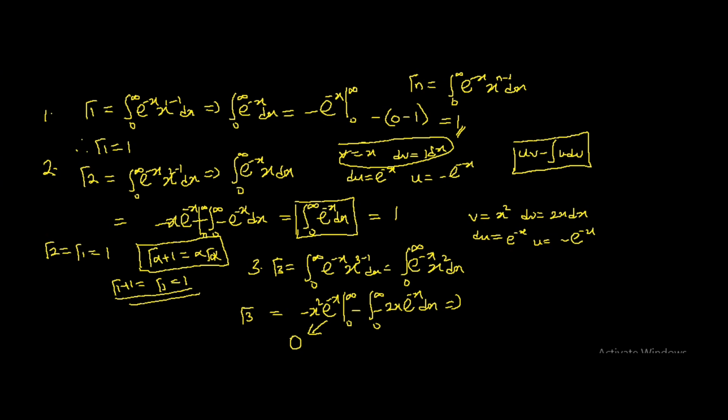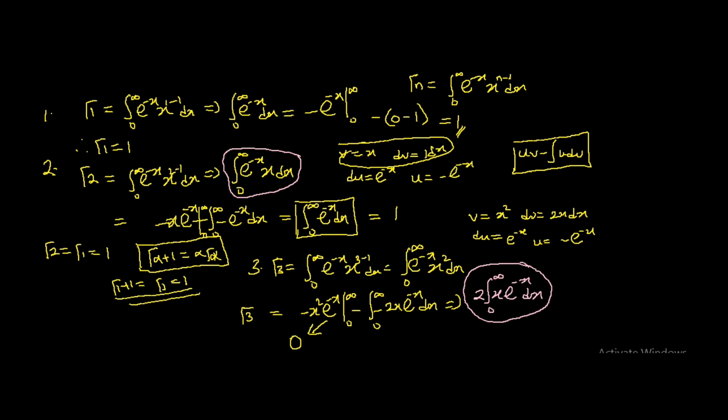From here you are going to discover that this minus will cancel this minus. This 2 can come outside. You have 2 times the integral from 0 to infinity of x exponential raised to minus x dx. So now let's compare this with this. You discover that they are the same, and this gave us 1.